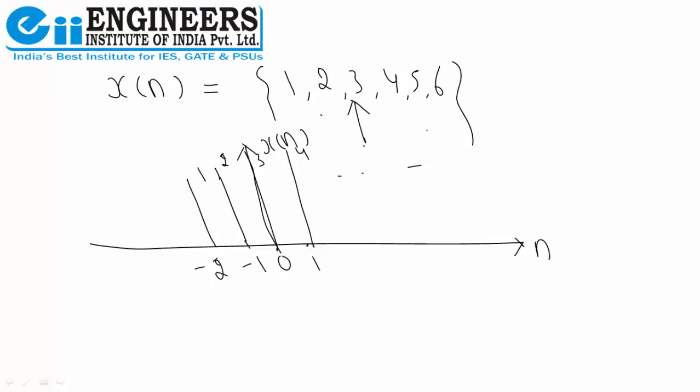So you can also draw. There is no necessity that n is equal to 0 will always be at the first place. It can be in any place. Okay. So this is all about the discrete time signals.